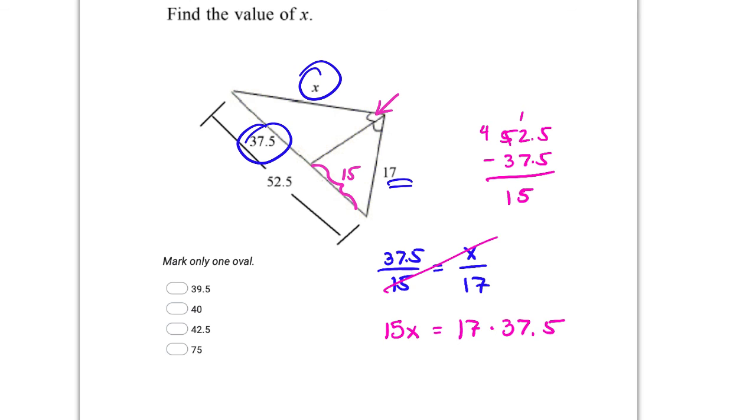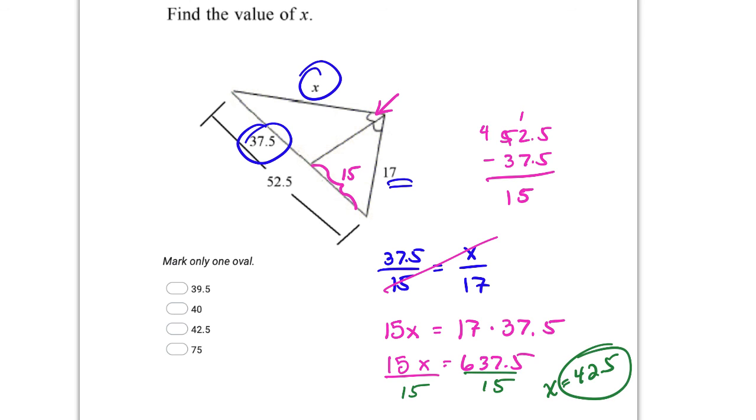So 37.5 times 17. 15x equals 637.5, and now we'll divide by 15 to get the x alone. And I come up with x is equal to 42.5, and that's what they wanted us to find.